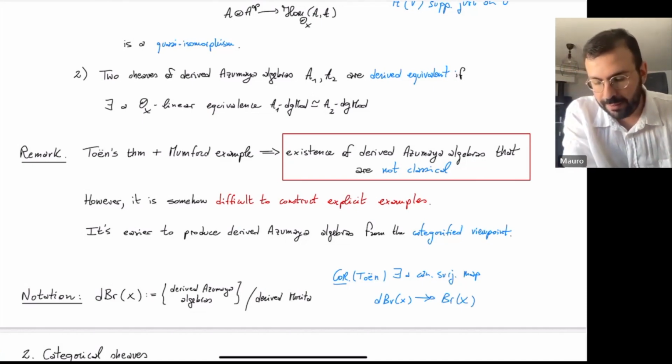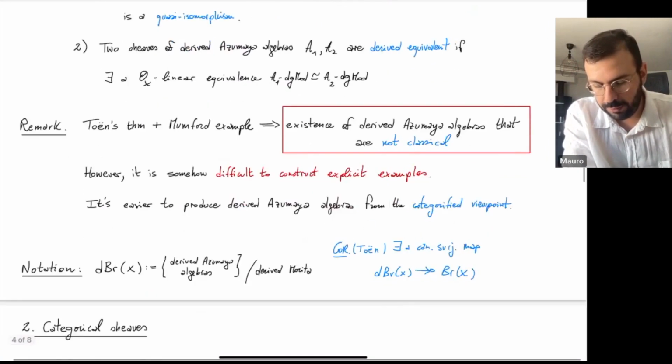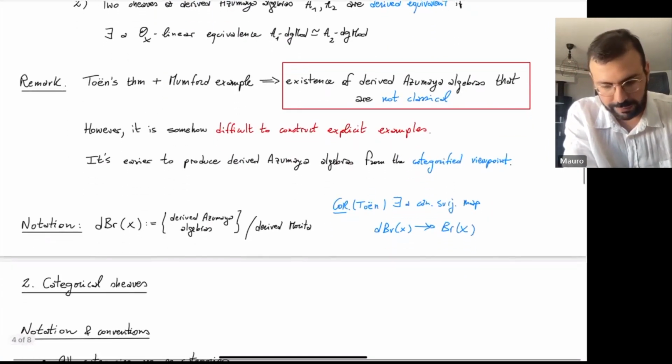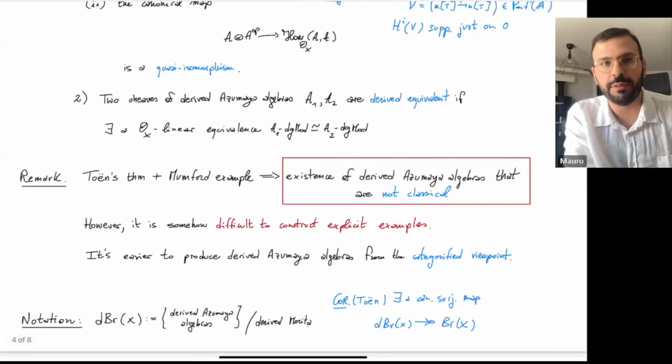In most cases, this map is an isomorphism, but we'll see later. Okay, are there questions about these things before I move to the categorical?